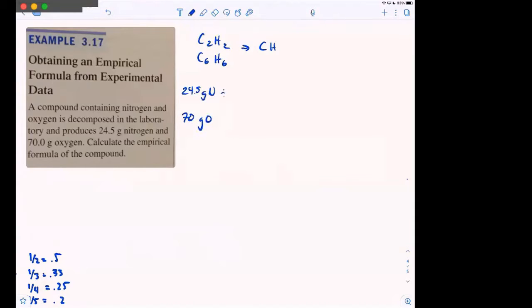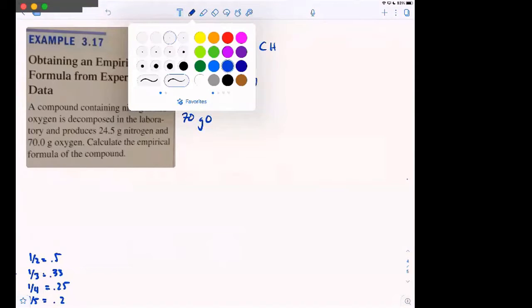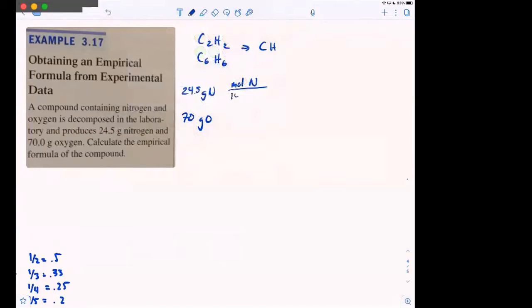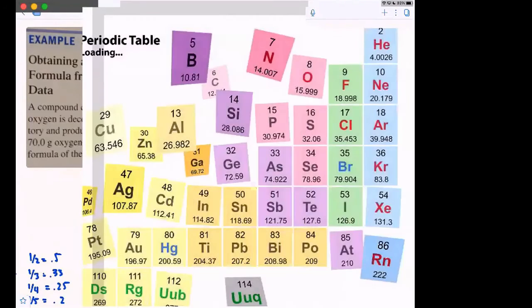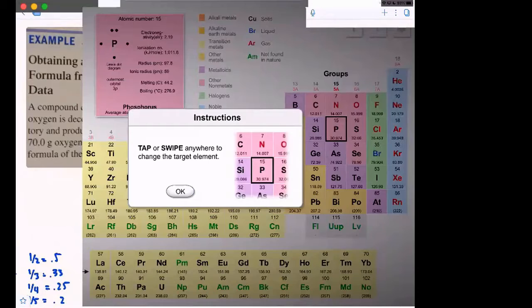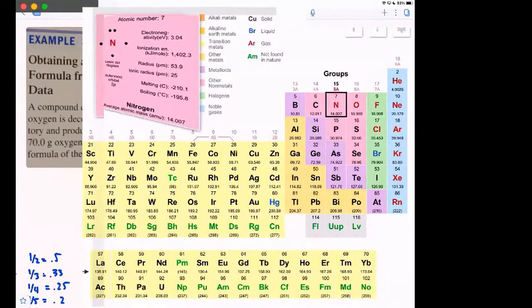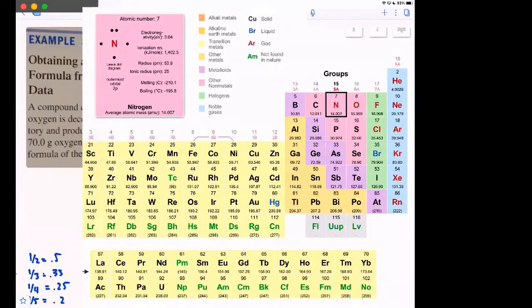And here you multiply by 1 mole nitrogen to 14.01 grams nitrogen. And where am I getting this 14.01? I'm getting it from the periodic table, that bottom number there. On this periodic table, it's 14.007.